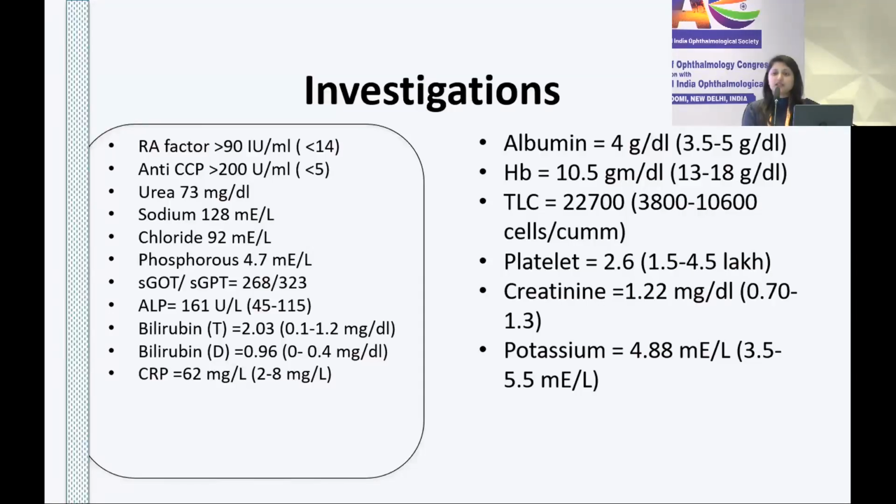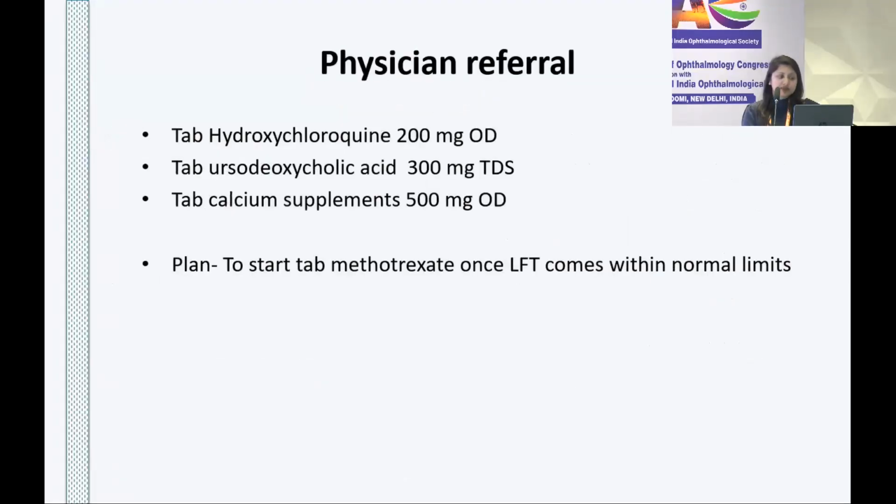His LFT, KFT, RA factor, anti-CCP, everything was abnormal, both ESR and CRP as well. These had to be normalized before we could take him up for any procedure or give him IVMP. So we did a physician referral, who started him on hydroxychloroquine and supplements along with it, and we were waiting for the LFT to get normalized before we could start methotrexate.